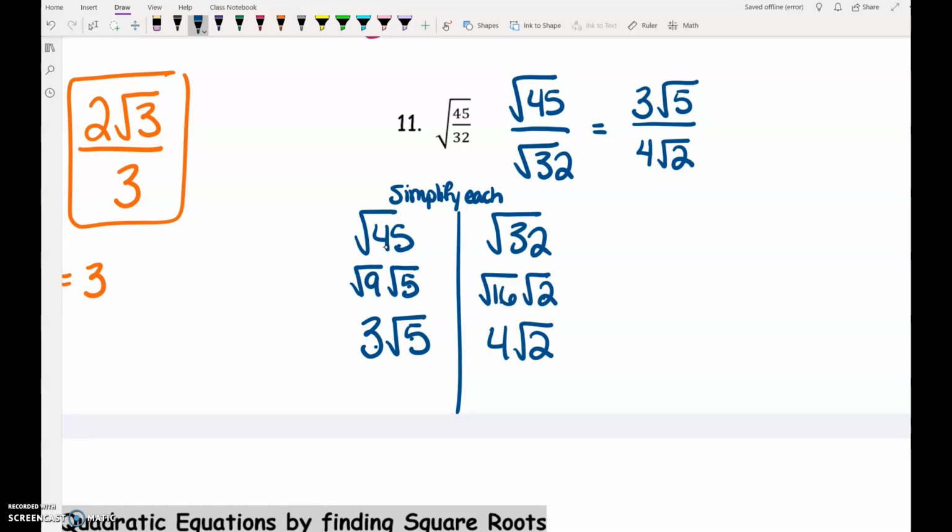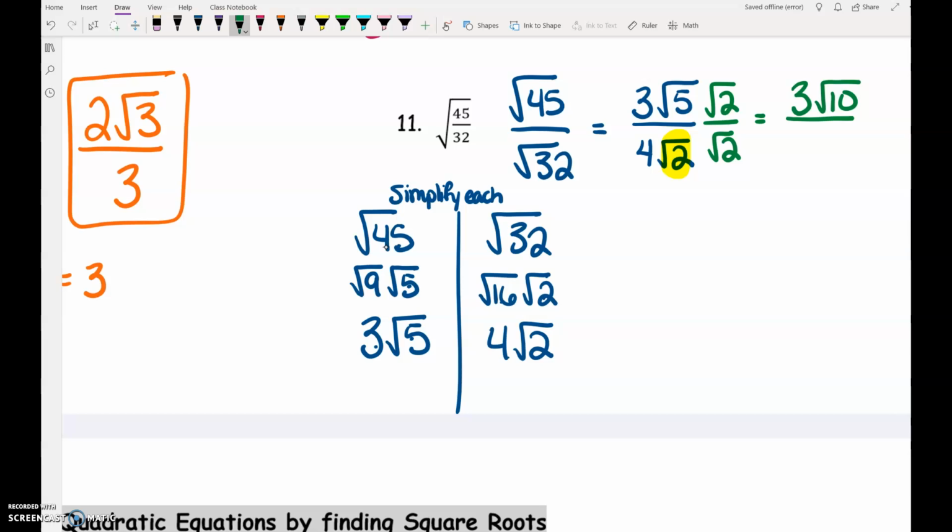This looks great, except for one major problem. You can't have that radical on the bottom. So what do we need to multiply by? Square root of 2 over square root of 2. On the top, we have 3. We can multiply the 5 and the 2 together because they are both radicands. So we have 3 times the square root of 10.